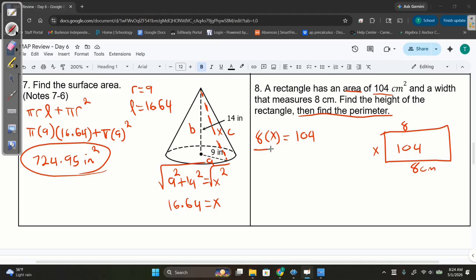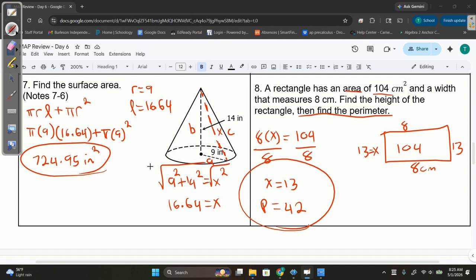Well, we divide each side by 8 and get 13. So that means that both of these sides are 13. And then to find the perimeter, I've just got to add up all the sides. 13 plus 13 plus 8 plus 8 gets me 42.